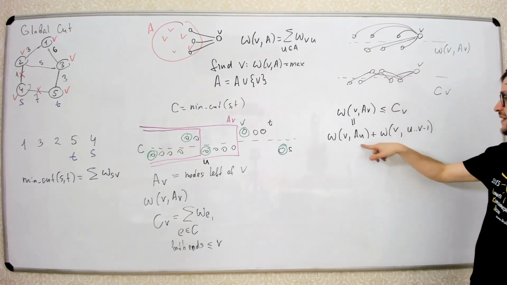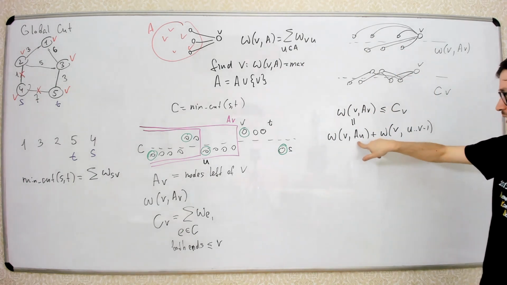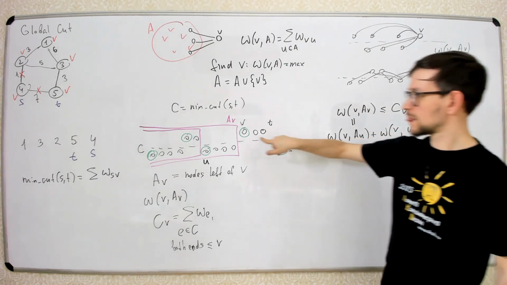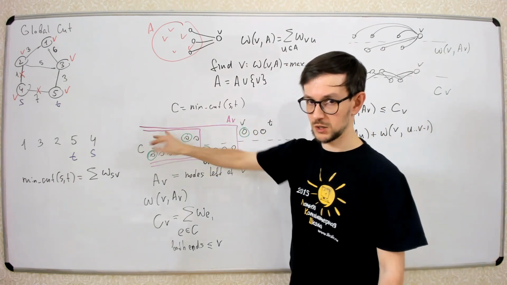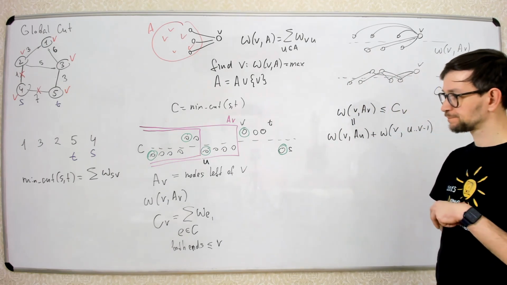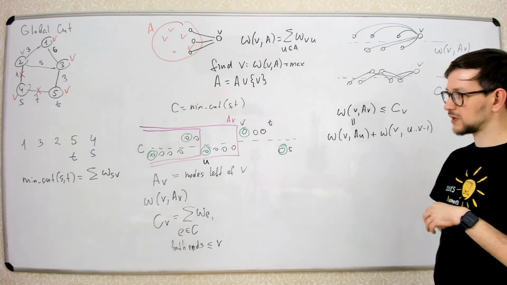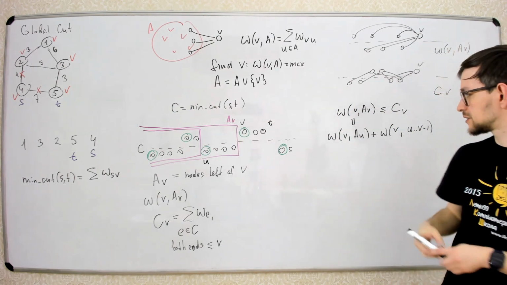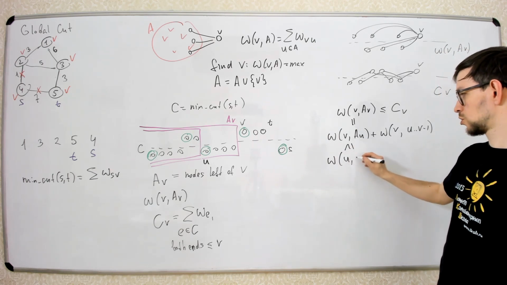Now, let's look at these two sums. What can we say about the total weight of edges from V to everything here? We can say a very simple thing: the total weight of these edges is less than or equal to the total weight of edges from U to set A_U.